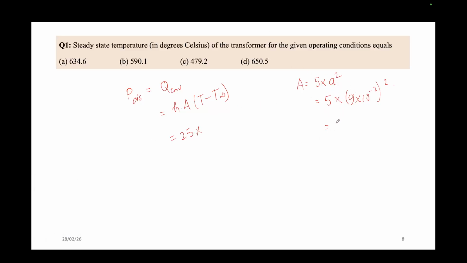So you will get it as around 4.05 into 10 to the power minus 4 meter square. So I have to put it here. So already the distribution is given as 6, right?